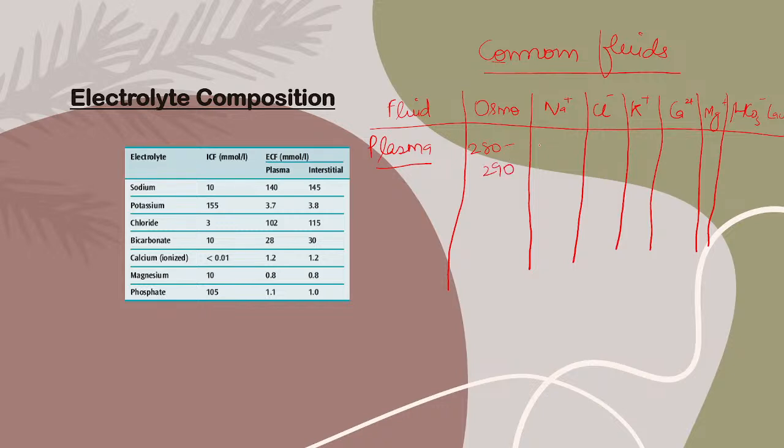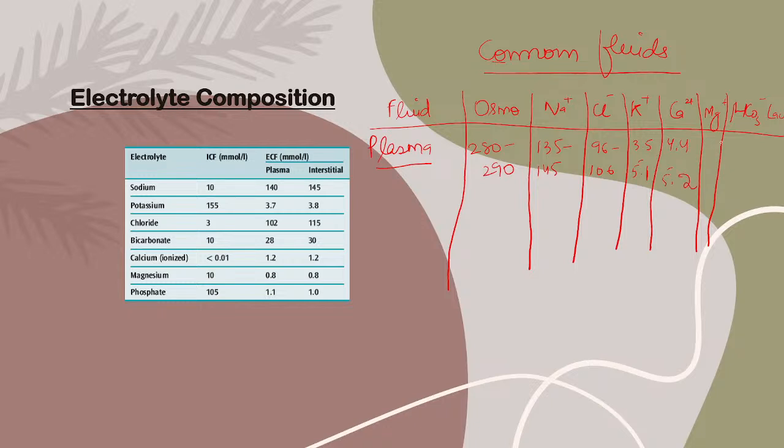The sodium present in plasma is 135 to 145 milliequivalents, and chloride is 96 to 106. Potassium is 3.5 to 5.1. In some literatures it is written as 5.2, so you can consider either 5.1 or 5.2. Calcium is 4.4 to 5.2.